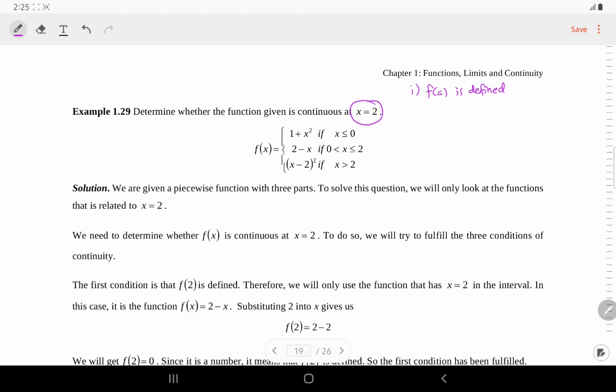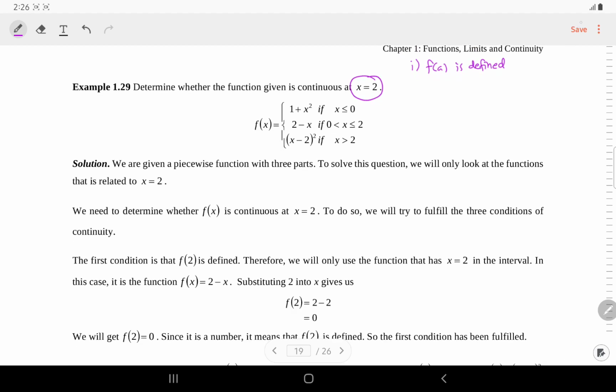So we need to find f(2) for the first condition. Therefore we will only use the function that has x equal to 2 in the interval. Based on this piecewise function, the function that has x equal to 2 is the function x minus 2, because it has equals 2 right here.